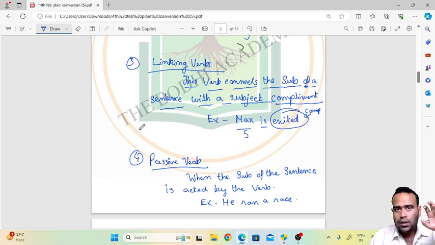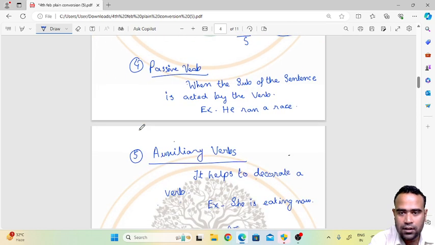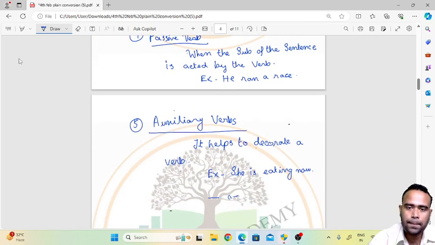So when the subject of the sentence is acted upon by the verb, it is known as a passive verb. Confused? We will check this example. If we understand, we will understand. He ran a race.